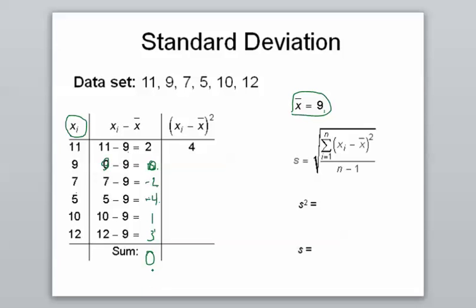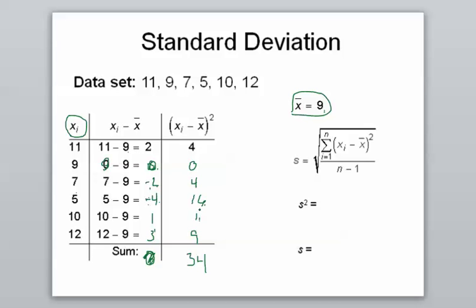Oh, wait a second. I'm supposed to square it first. I'm sorry. So 4, 0, 4, 16, 1, and 9. Why would we square them first? Well, the squaring gets rid of the negative signs, doesn't it? Okay? Now we're supposed to add them up. So 4 and 4 are 8, plus 16 is 24, plus 1 is 25, plus 9 is 34.